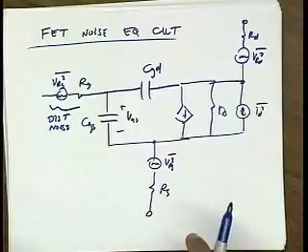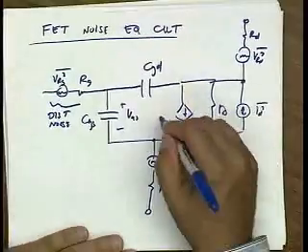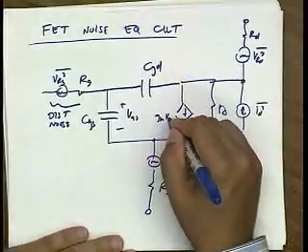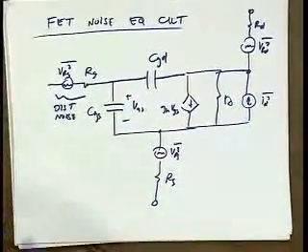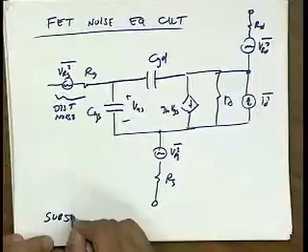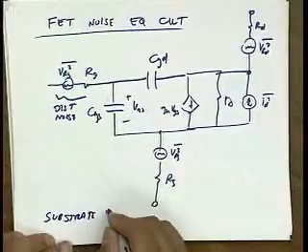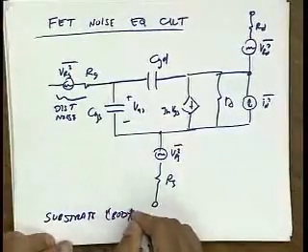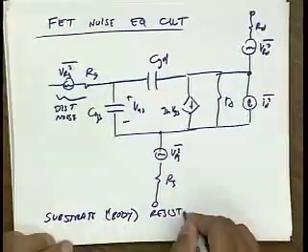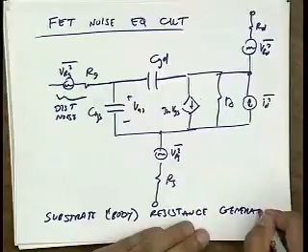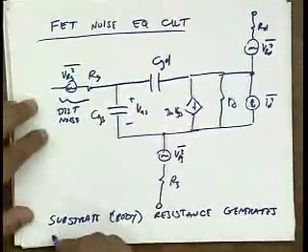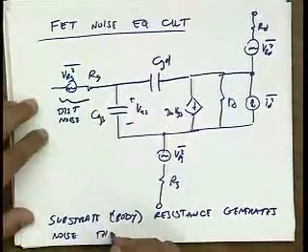And if you include the body effect in the transistor, so here I'm assuming that there is no body effect, but if you include body effect, then the substrate or body resistance also generates noise through the back gate.